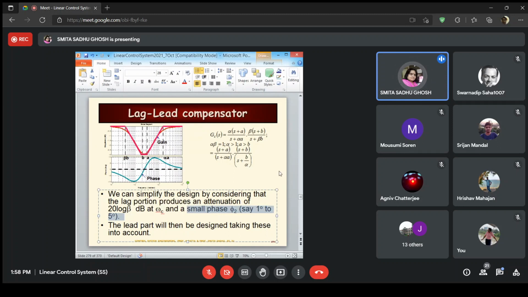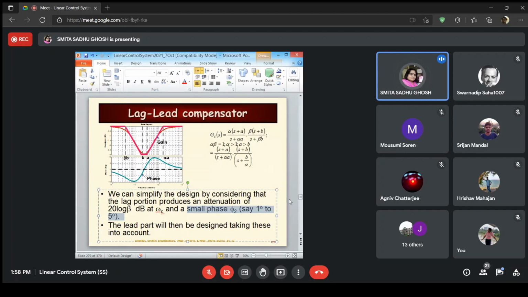So we make our lead portion such that the lead has an additional value of phi 2 as well, so that when the lag portion is added, that lag will automatically balance out the extra amount of lead that I have designed for.